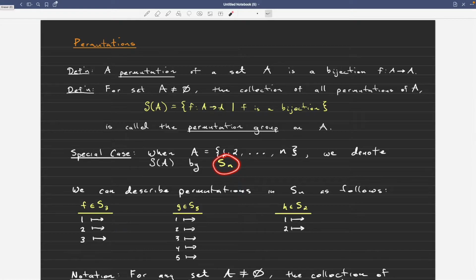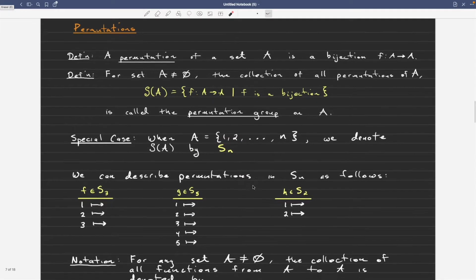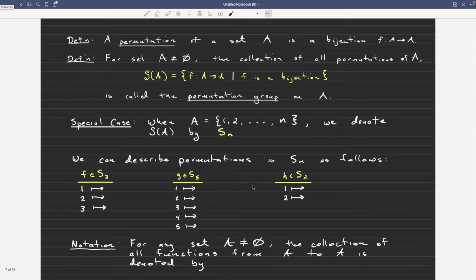That notation is reserved to indicate a permutation group of this finite set, 1, 2, 3, all the way up to n. So that's going to be our focus for the most part here: looking at S sub n, thinking about how composition works in there. But first, let's try to get a little bit of a handle on what we mean here. How do we describe these permutations in Sn?